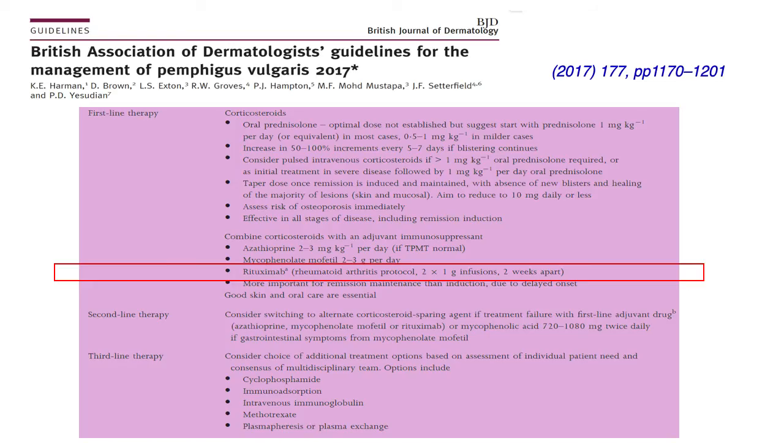We know from Pascal Joly's work that rituximab is where we want to go with pemphigus, and ideally we would be using this as a first-line agent, and therefore Karen Harman and the group of us put this in as our first-line recommendation in the hope that we might be able to influence NICE decisions in the future.